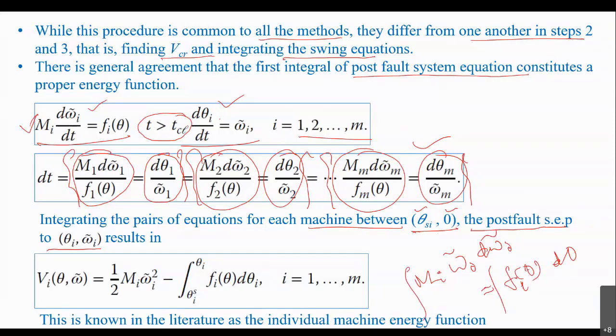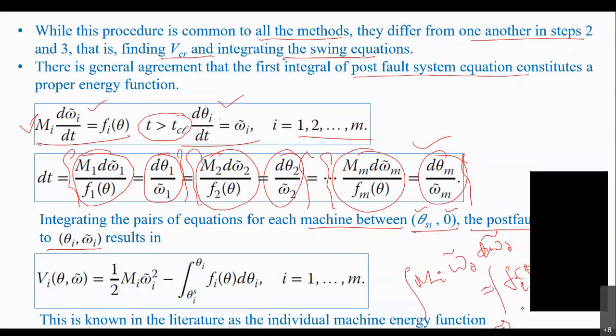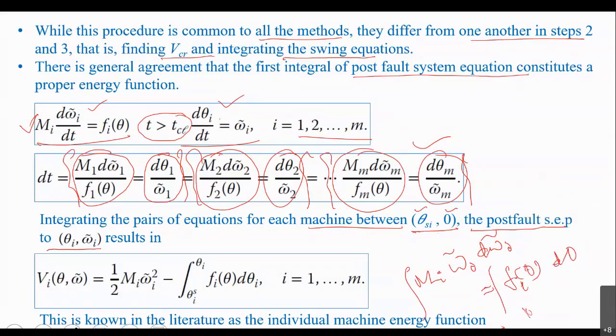Now from this equation you can find the energy function by taking this side to the other. At the stable equilibrium point it will be 0, but during fault condition it will not be equal to 0.